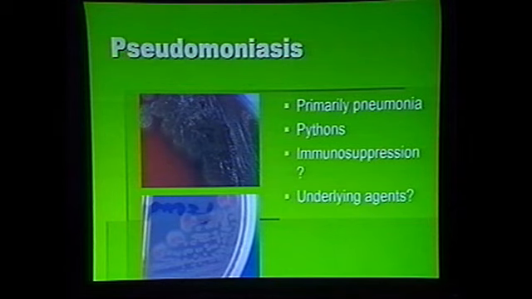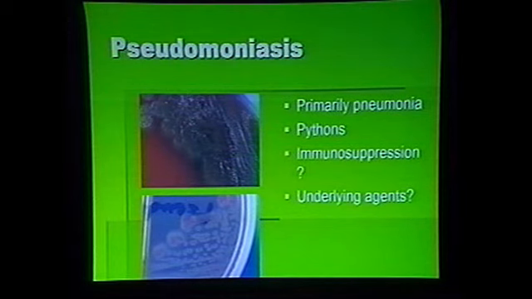Pseudomoniasis is an entity in pythons and is associated primarily with pneumonia. This is predominantly Pseudomonas aeruginosa, which is an organism with a number of virulence factors. However, the disease is generally considered an opportunistic infection associated with underlying disease processes such as immunosuppression or stress.